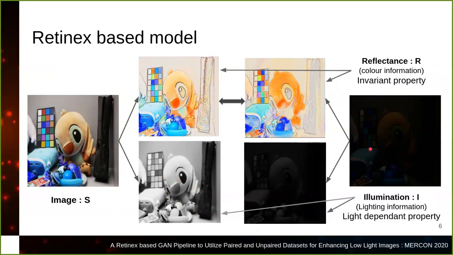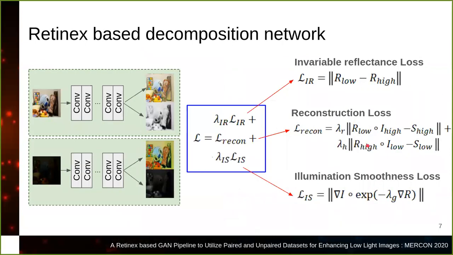So we need to build a neural network to split an image into the reflectance and the illumination.